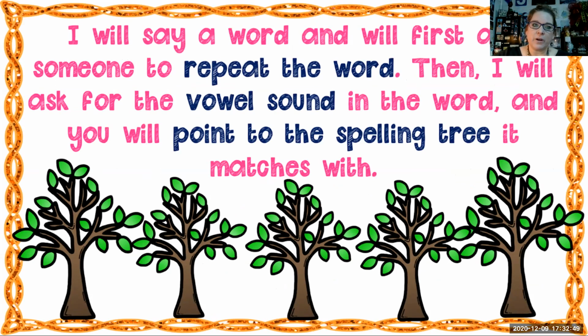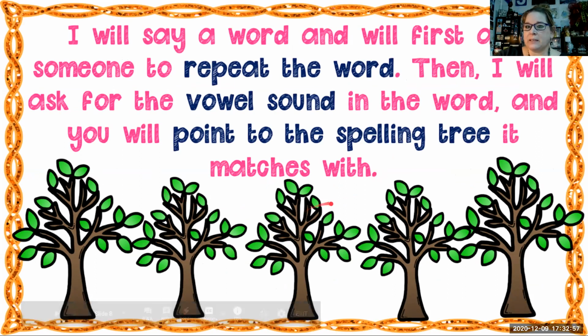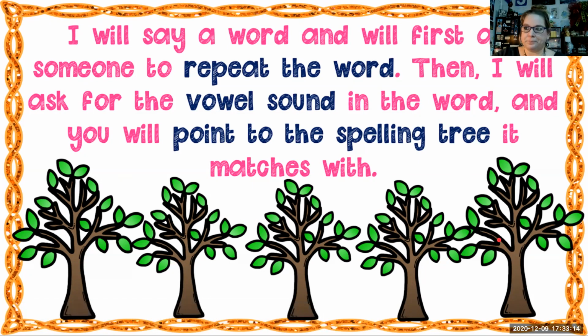Then we're going to talk about the vowel sound in the word, and decide which spelling tree it matches with. We have several spelling trees: the A and the A, the I and the I, and the ah and the O tree. So we have 6 different trees. We've got to decide which tree it goes on.